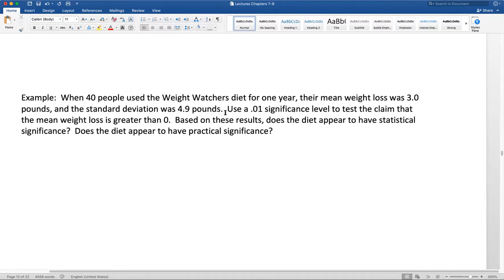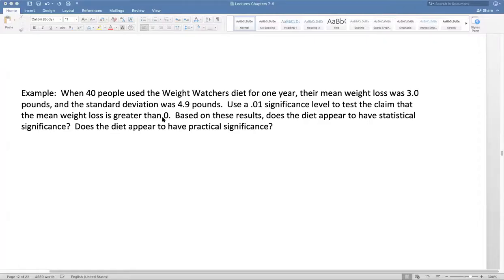Use a 0.01 significance level to test the claim that the mean weight loss is greater than zero. I thought there was a typo, but zero is right, it's not a typo. Based on the result, does the diet appear to have statistical significance? Does the diet appear to have practical significance?